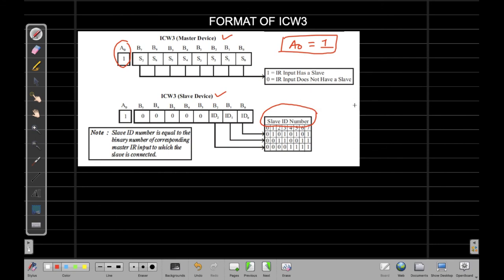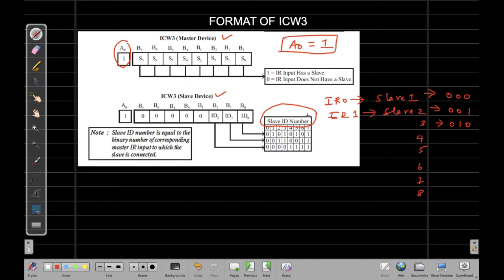For example, the IR0 pin of the master device will be connected to slave number 1. IR1 pin of the master device will be connected to slave number 2. So slave 1 will have an address. The address of slave 1 is 000. The address of slave 2 is 001. Likewise, we will be able to connect 8 slave devices to the master. Every slave device will have a corresponding address which is shown in this table.